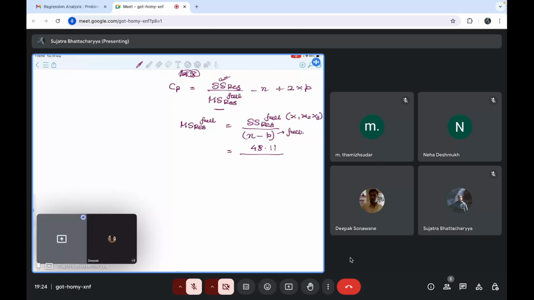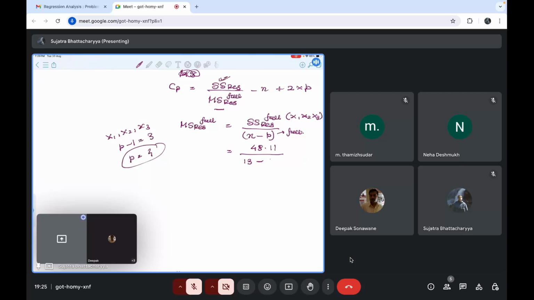What about n minus p? N is 13. I have already told in the beginning of the question. N is 13 minus, what will be the value of p? If this is for the full model, which consists of x1, x2, and x3, which means there are three regressors, p minus 1 is 3, so p will be 4.